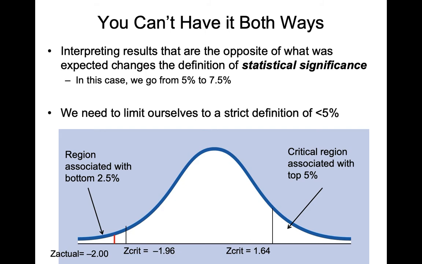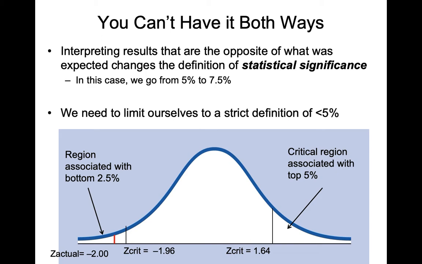Interpreting results that are the opposite of what was expected when we only have that one-tailed test changes the definition of statistical significance. So in the case where we set up our one-tailed test and we got the backfire result, if we interpret this result as a statistically significant result, we've just changed our definition of statistical significance.